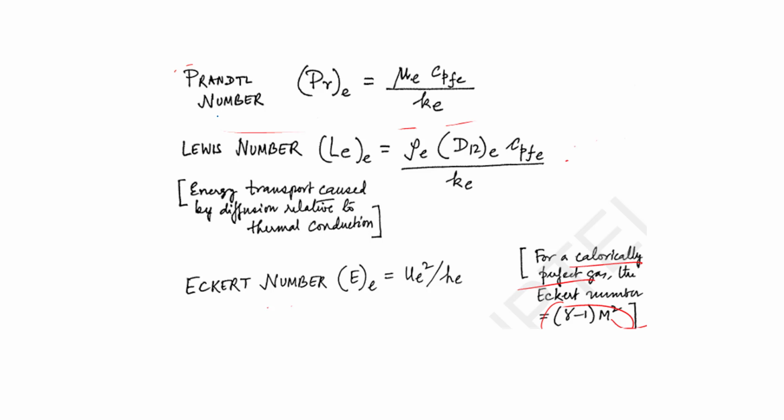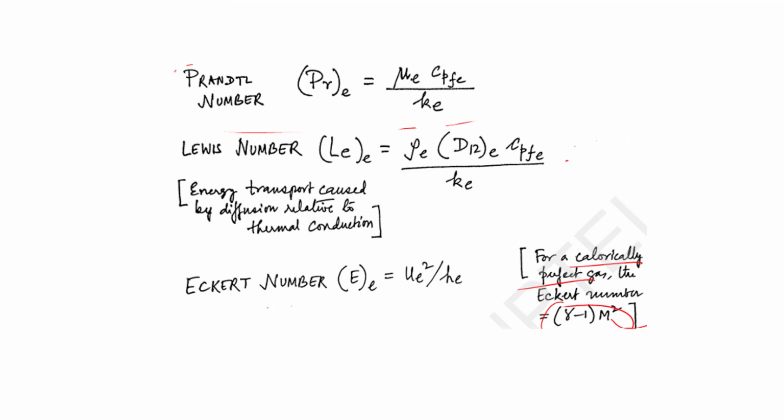The frozen flow Cp value is considered at the edge. Lewis number is given by Le equals rho e D12 e Cp_fe upon k. This Lewis number is nothing but energy transport caused by diffusion relative to thermal conduction. And the last non-dimensionalized quantity is the Eckert number, which is given by E equals u e square upon h e.